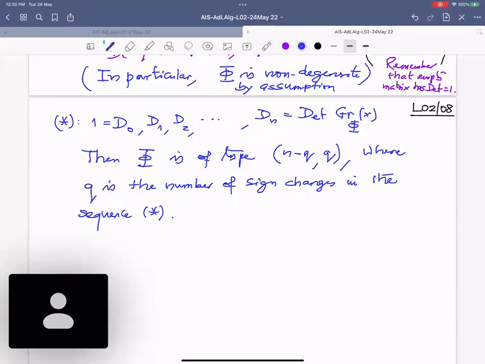Don't worry about the proofs. First, try to understand the statement. I hope everybody knows what is the sign changes in a sequence. This is a sequence of real numbers. Why? Can somebody say why all these Di's are real numbers?